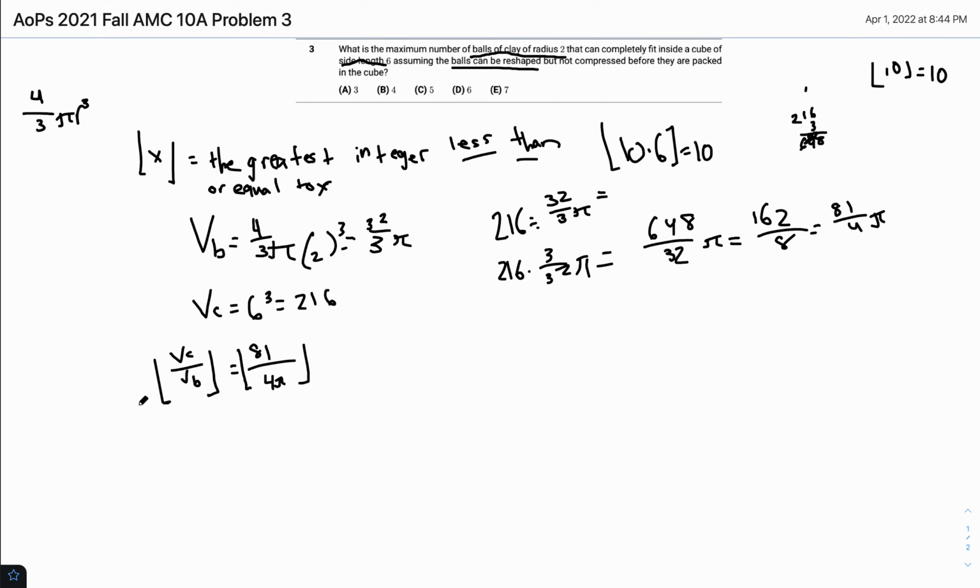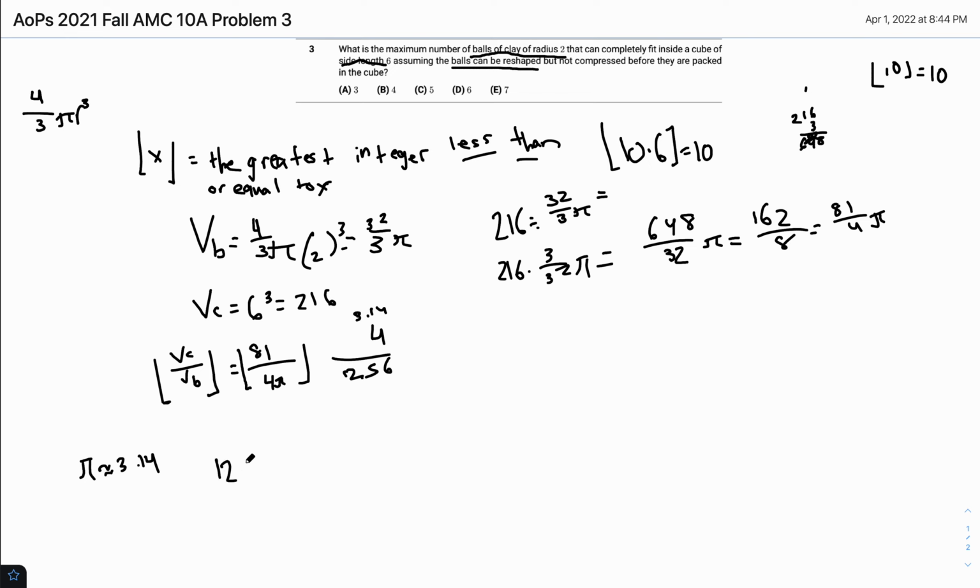Okay, so now that we know that 81 over 4 pi balls can be packed, we must find the integer number that can be packed. So we can approximate with pi as about 3.14 and plug this in here. So 4 times 3.14 is 12.56.